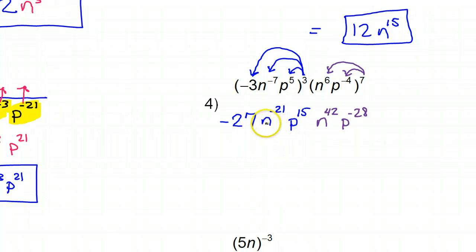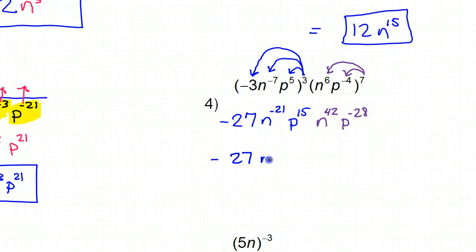Now that everything is out of the parentheses, I can go ahead and combine the variables that are the same. So what do I have now? I have negative 27. Now these n's, when you multiply n times n, you're going to add the exponents.